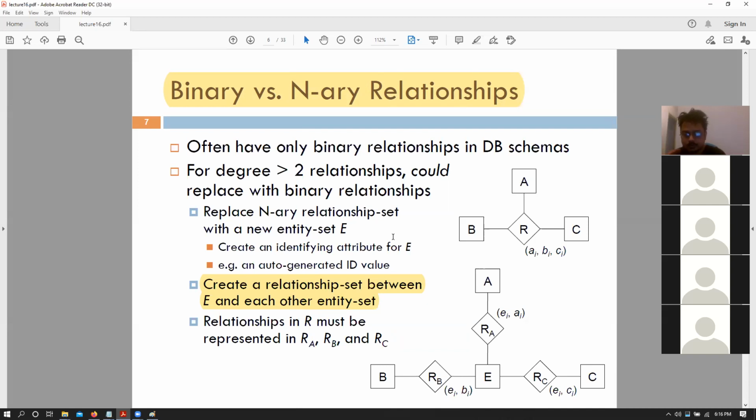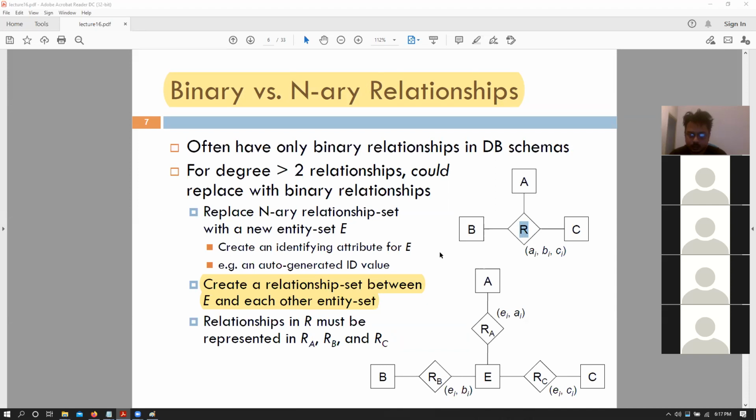So let's look at this particular relationship. So we have this A, B, and C. Yes, Dennis, sure. So we have A, B, and C all being related together using this relationship R. Can you guys tell me, for this particular relationship, what are the foreign keys for relationship R?